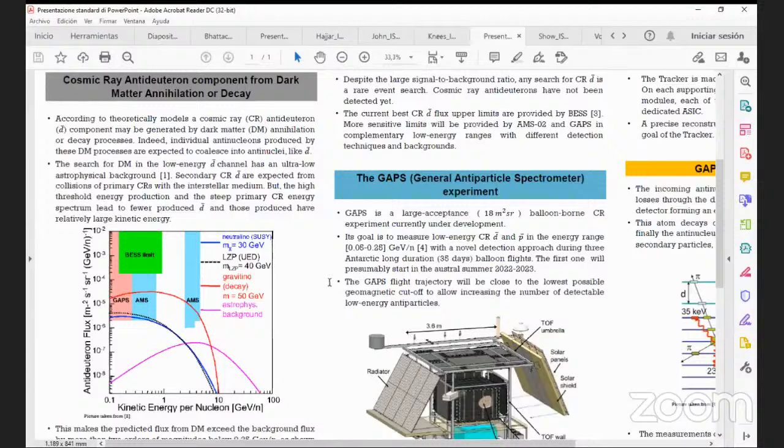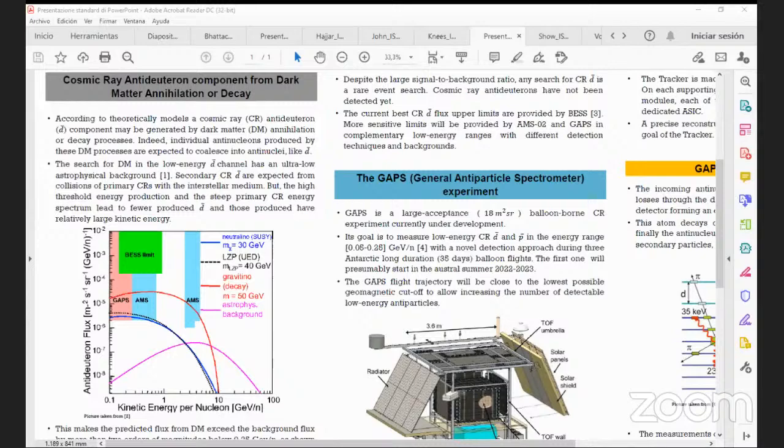And on the other side, anti-deuterons are present in the cosmic rays also as a secondary component from interaction of primary cosmic rays with the interstellar medium. But we have a high energy threshold for the production of anti-deuterons in this way, and also a steep cosmic ray energy spectrum, so that the few anti-deuterons produced have a relatively high kinetic energy.